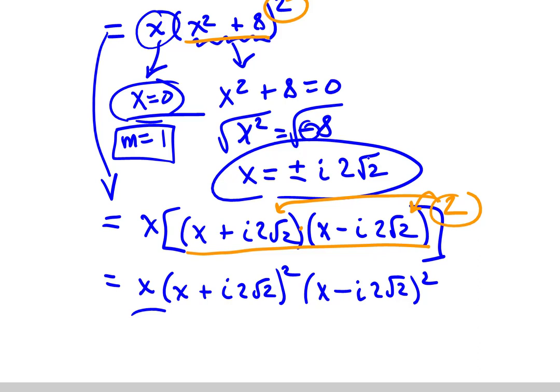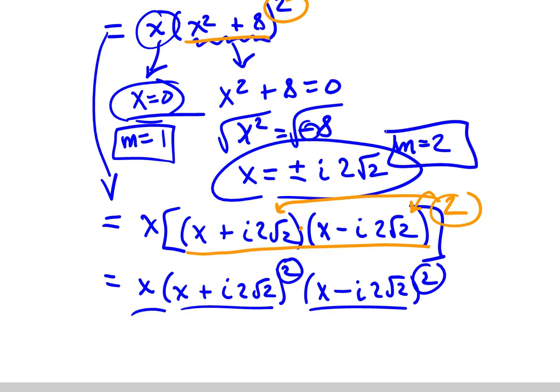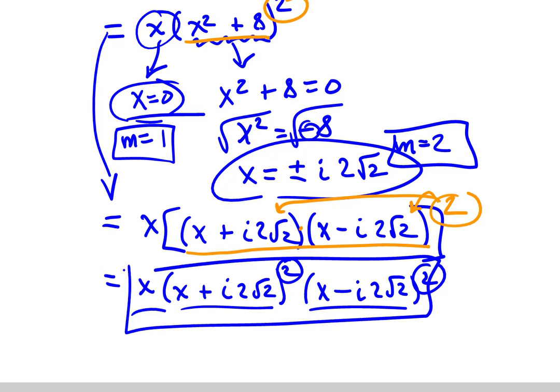And then if we go to the other two zeros we found, plus or minus i times 2 root 2, you'll notice they come from the second two factors in the factored form, but each of those factors has a power of 2 with it, which means the multiplicity for both of those roots, the plus and the minus, is 2. And so that does it. We now have the total factored form and the multiplicity of each of our zeros.